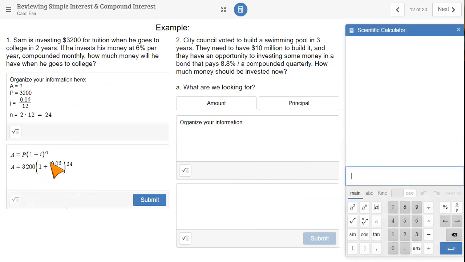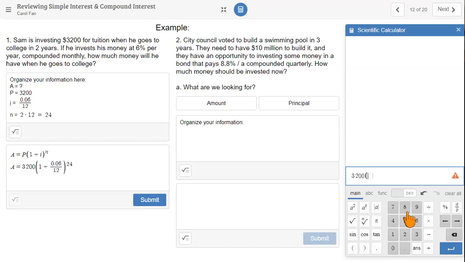So let's throw in our values. I'm going to say with your i, keep it like that. This one works out nicely, but some of them will give you a repeating decimal. And when you have a repeating decimal, it's not super accurate if you were to round it. So keep it as a fraction and then only round it at the very end.